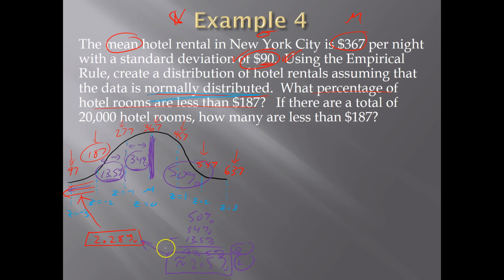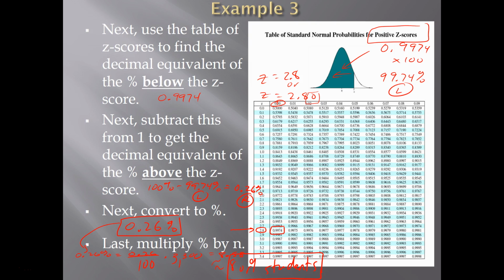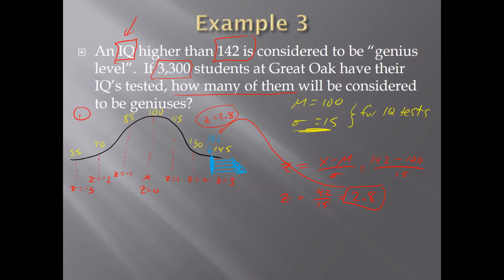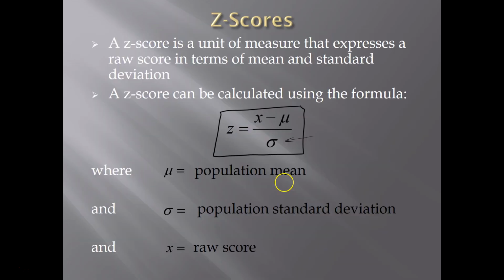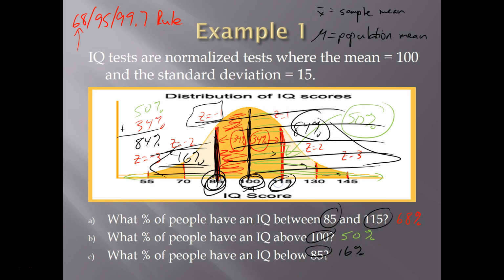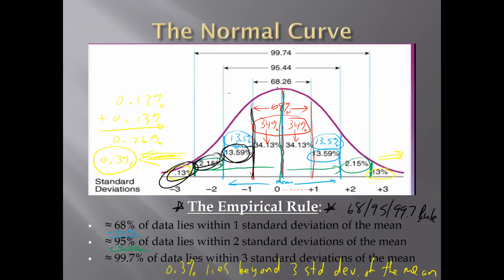Now notice these do not exactly match. Depending on whether you use a z-table or the empirical rule, they're not always going to exactly match. The z-tables give you exact figures, but let's go way back to when I introduced the empirical rule to you. Notice it said approximately 68%, approximately 95%, approximately 99.7%.